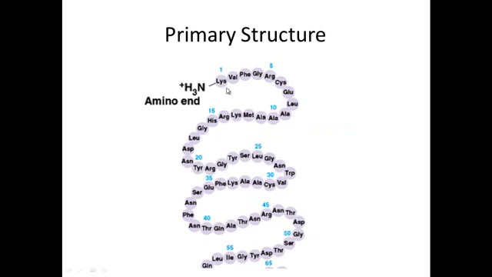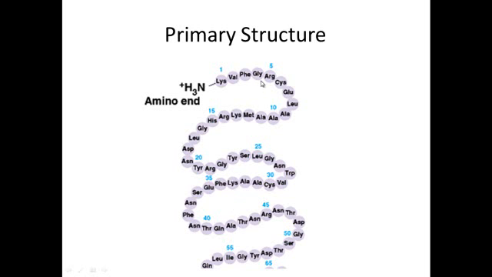Okay, so the amino acids, like I said, there are 20 of them. Proteins can be anywhere from 50 amino acids long to 1,500 amino acids long. They vary in length depending on what they're going to be doing. But the order of these letters, these amino acids, will determine what protein you have.